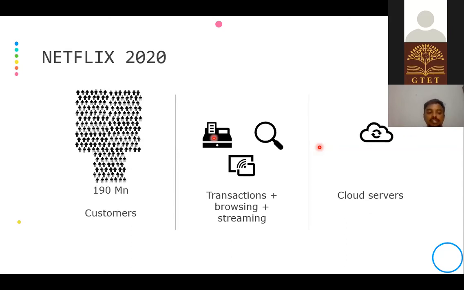Now, in 2020, Netflix has 190 million customers. They went from 6 million at the end of 2006 to 190 million. That is 35 times what they had 15 years ago, right? And they're dealing with more transactions, more browsing behavior, more streaming behavior, and all of this is happening on cloud.